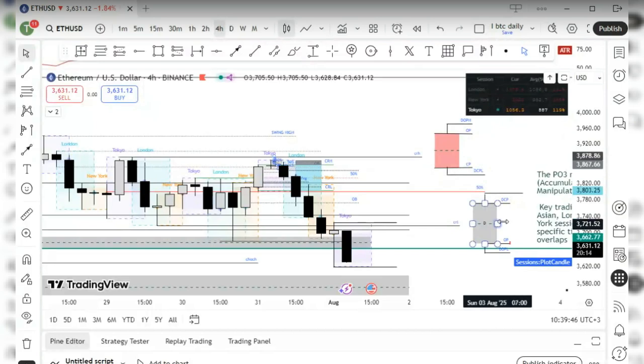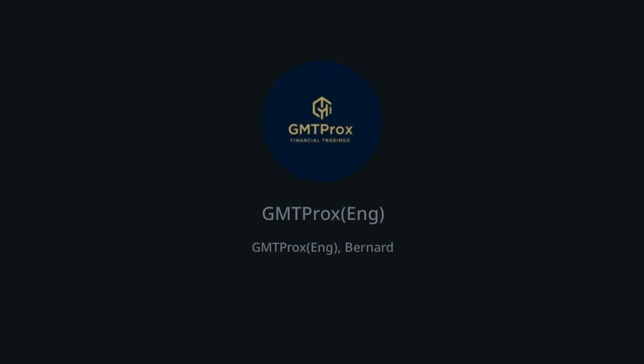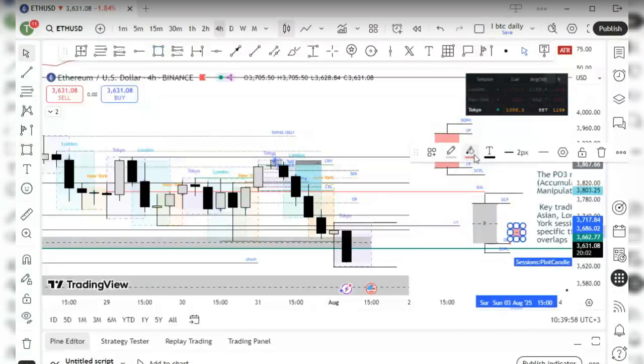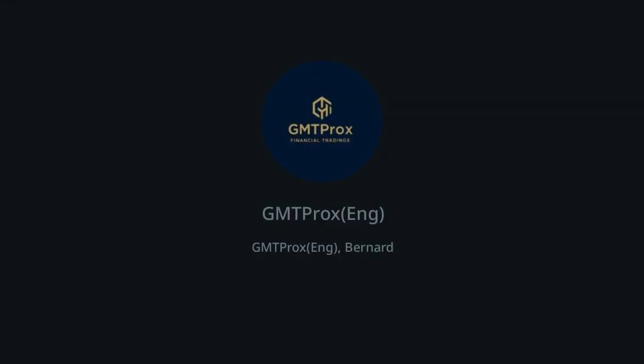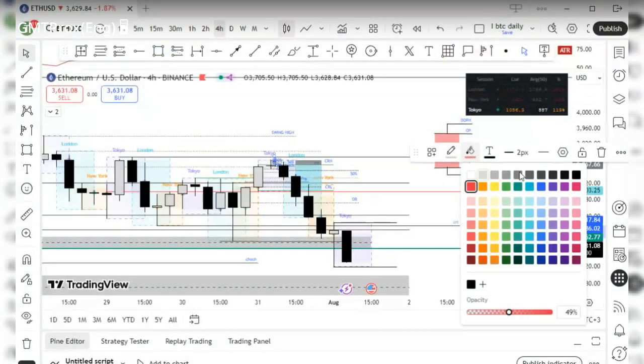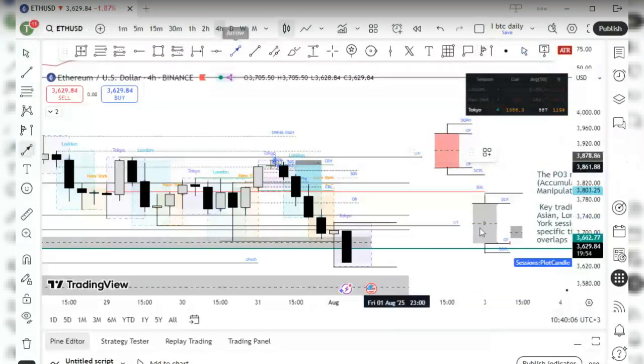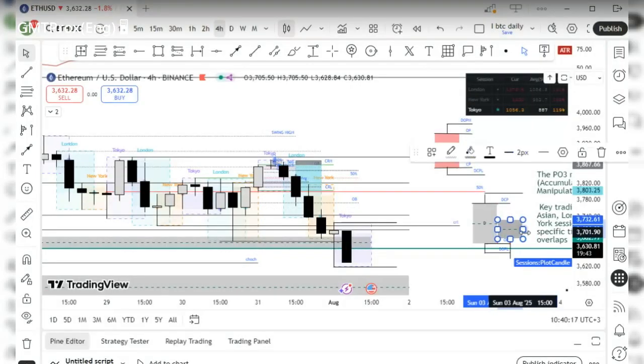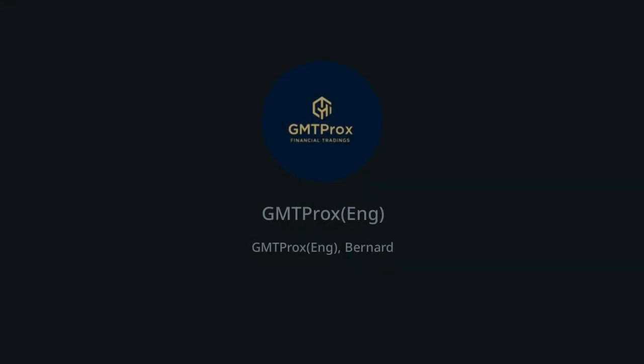So for a candlestick to do this, let's assume this is our candlestick here, going down, like that. Taking this down, that is our candlestick.